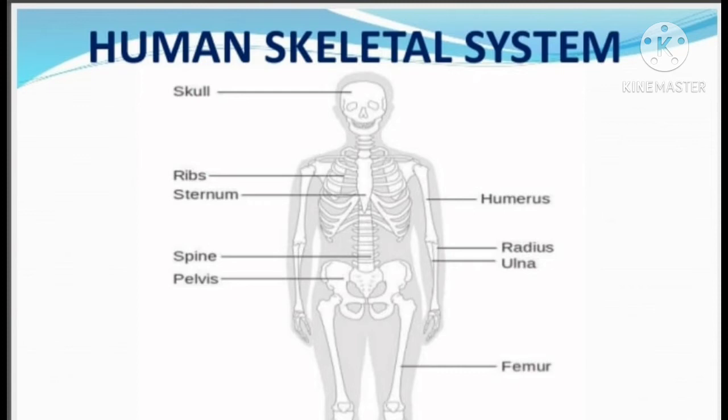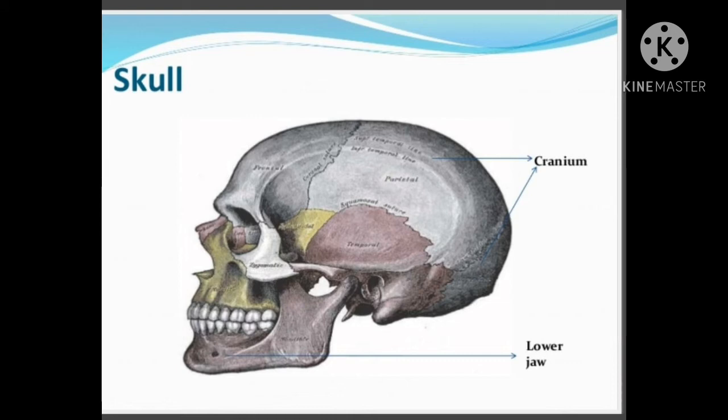Some bones of the skeletal system contain spongy mass from inside, and this is called bone marrow, and which produces blood cells.